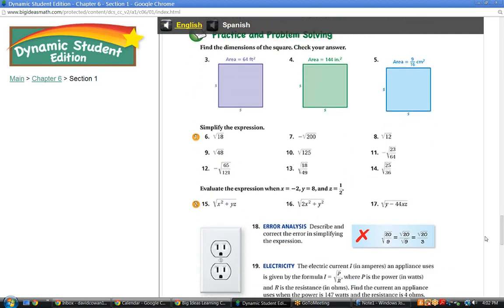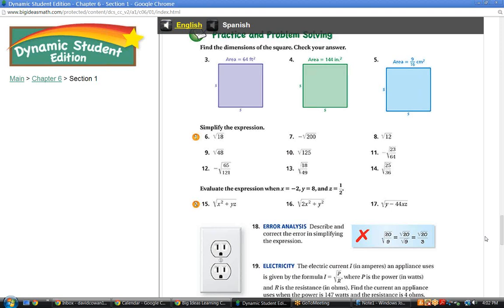You know how to find the dimensions of that square if its area is 64 square feet? Well, if it's 64 square feet, then it's just 8. Okay, how about number 4? 12. And how about number 5? I'm not sure what number 5 is.